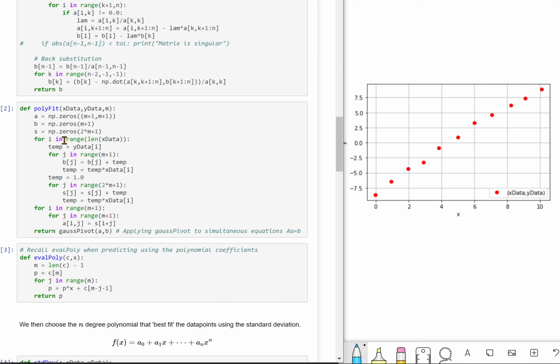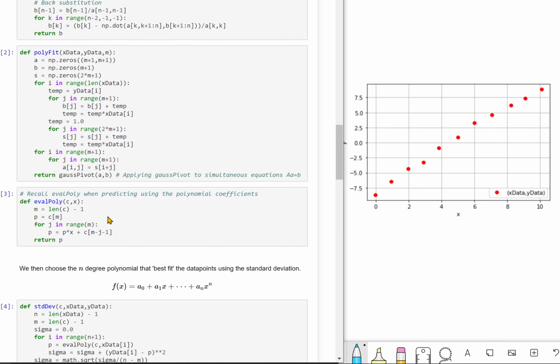So we would like to fit, for example, in this case we have the points, and we want to fit them with a curve. You might be tempted to use a straight line, which is also a good representation for this case. Then we have this function here to predict using the polynomial coefficients.